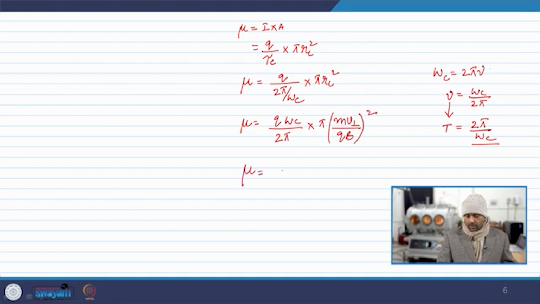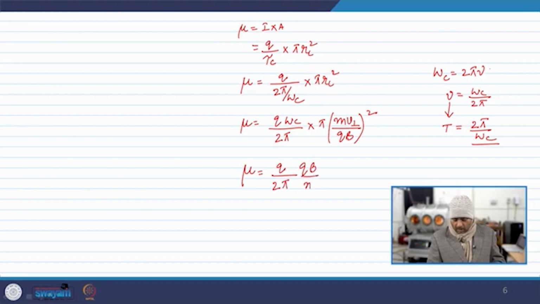So, magnetic moment mu equals q by 2 pi, omega c is qB by m, times pi (m v perpendicular by qB) square, right.